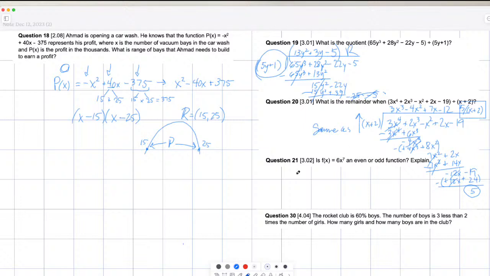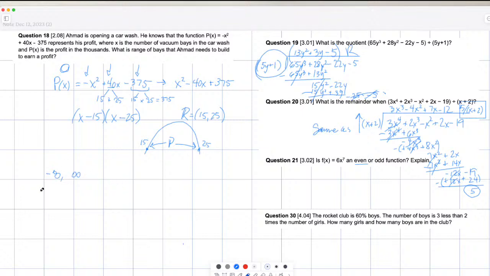Okay, 21 is a real straightforward question. Is f of x equals 6x to the 7th an even or odd function? Has to be odd, and I'll tell you why in the answer, because it's asking why. Explain. I'm going to tell you right now. You take any number, negative infinity to infinity, any number.